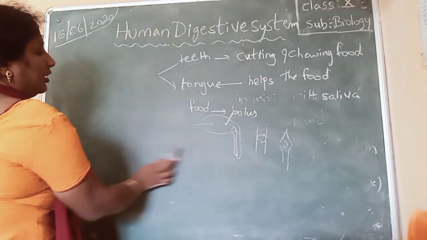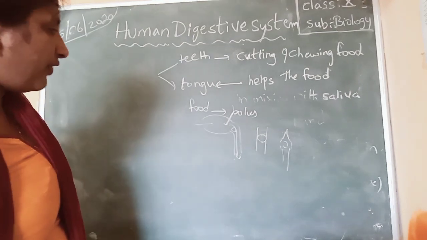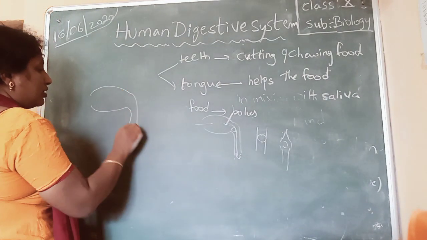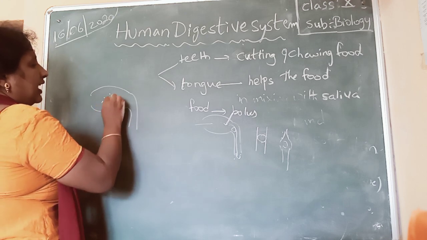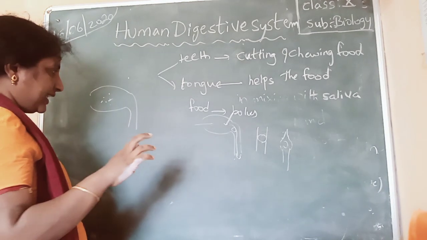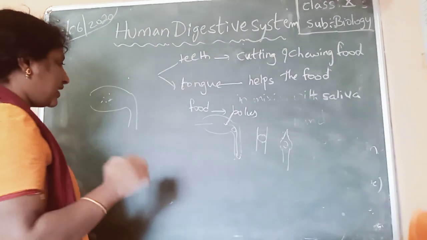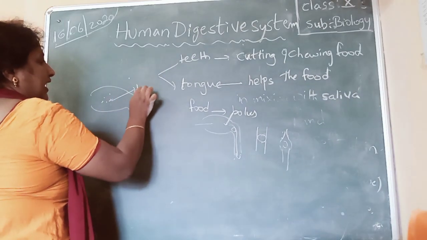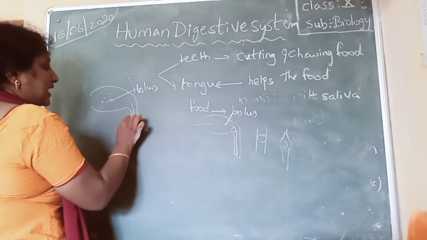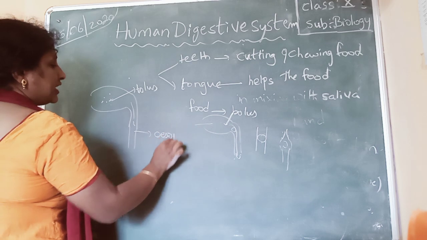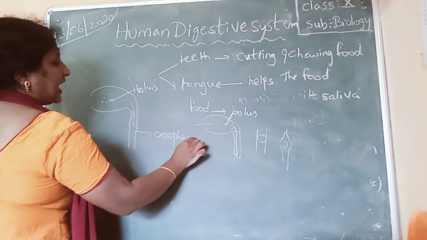Now, from the esophagus, what happens? So now the food is here. It has been crunched by the teeth and mixed with saliva. So carbohydrate digestion starts. Now the food is called bolus. The bolus enters into the esophagus through peristaltic movement.